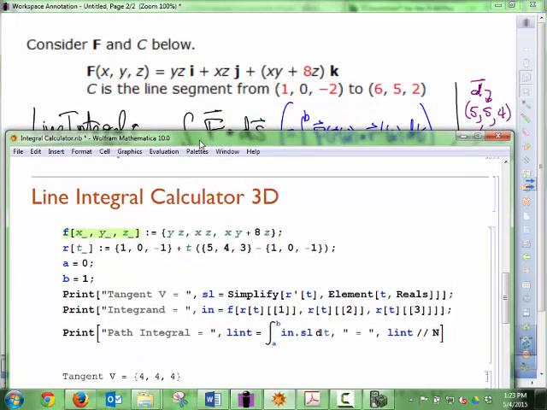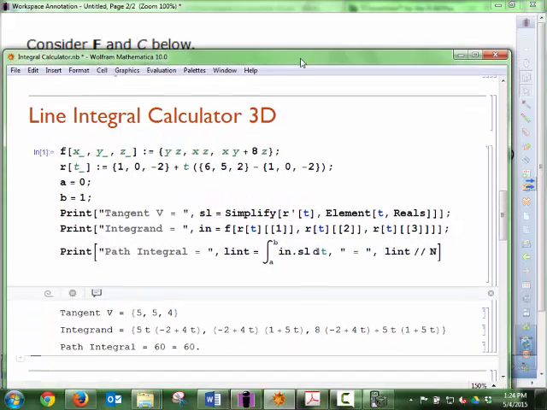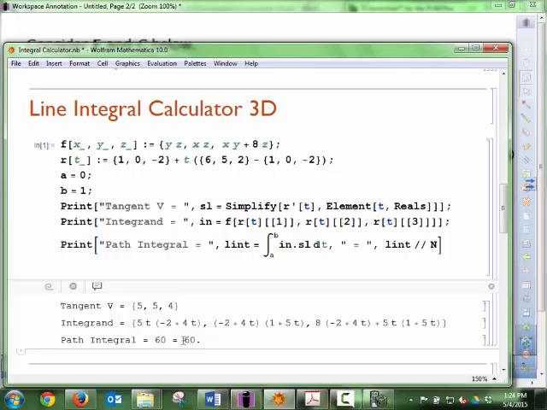And my r of t is a line segment from 1, 0, -2 to 6, 5, 2. And my integral's from 0 to 1. And then the result is still 60.